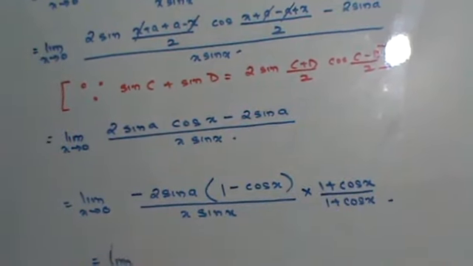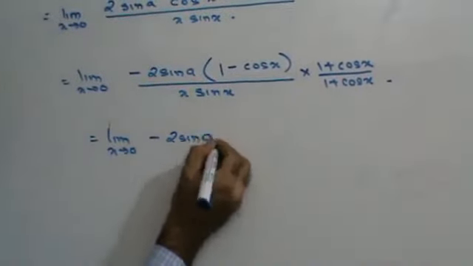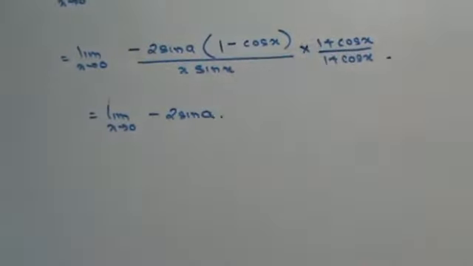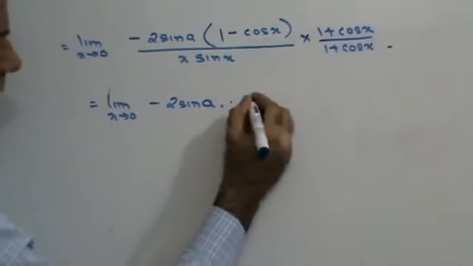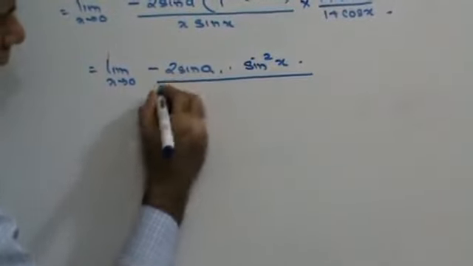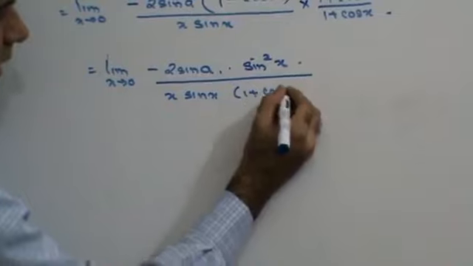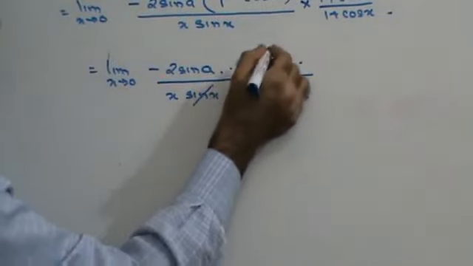This is limit of x tends to 0, minus 2 sin a, (a minus b)(a plus b), 1 minus cos square x, which I am directly writing as sin square x, upon x sin x (1 plus cos x). Sin x and square gets cancelled.